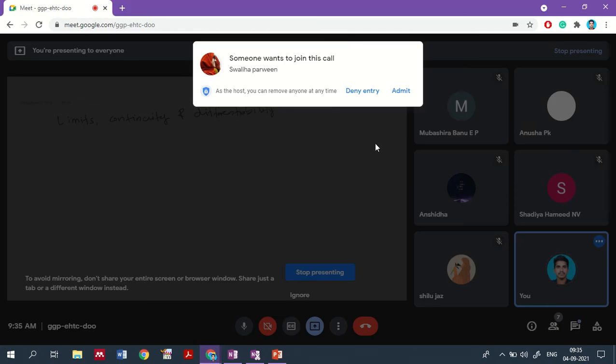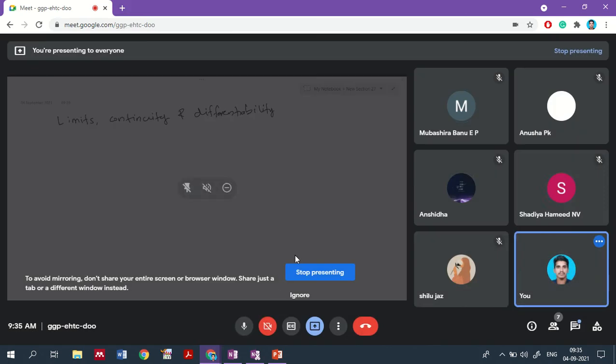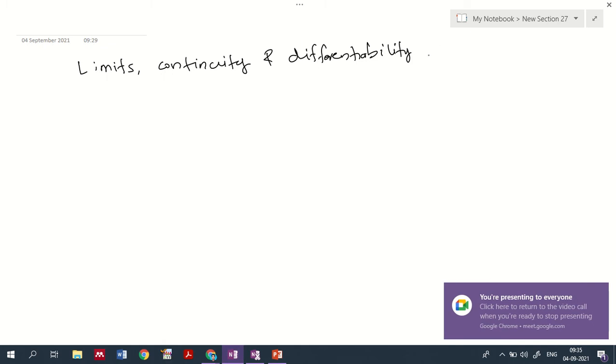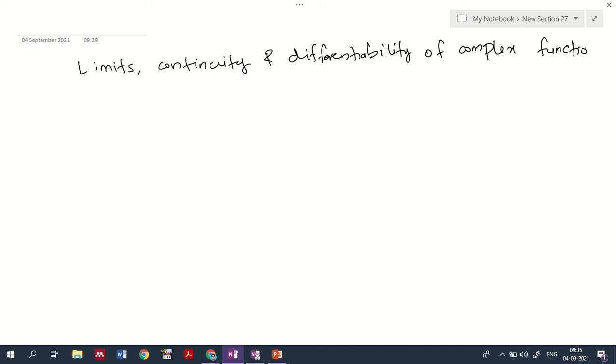So: limits, continuity, and differentiability of a complex function.